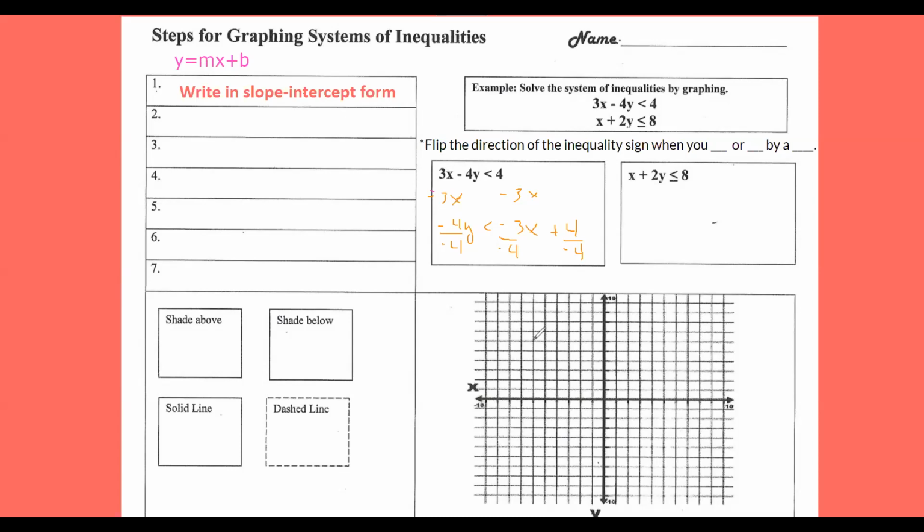It says, flip the direction of the inequality sign when you multiply or divide by a negative. We just divided by a negative, so that means that we need to flip this sign.